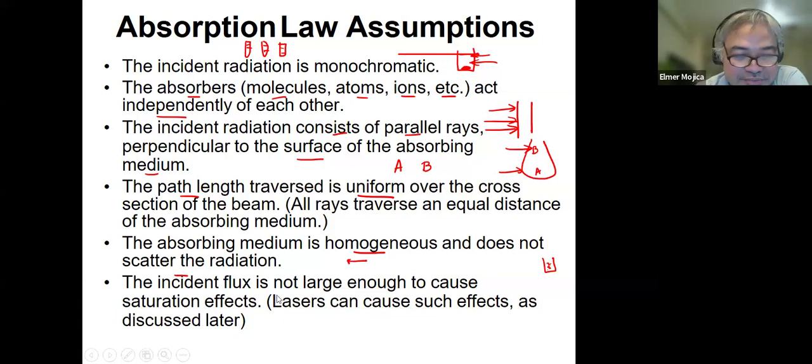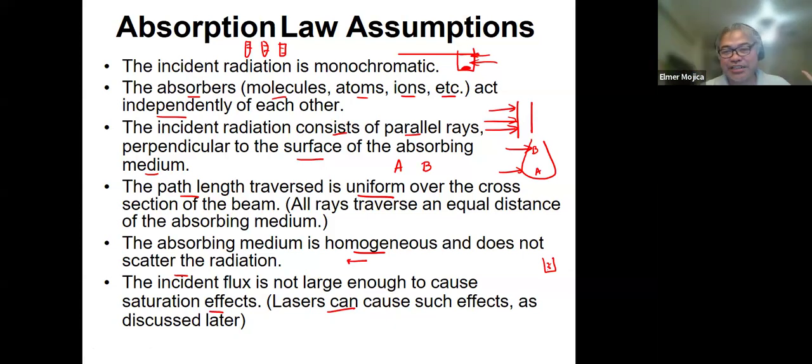And then last, the incident flux is not large enough to cause saturation effect. So when you're talking about saturation effect, that's what we call laser. Because what happened, based on my experience, I burned or toasted the detector because of the incident flux. So we use laser.